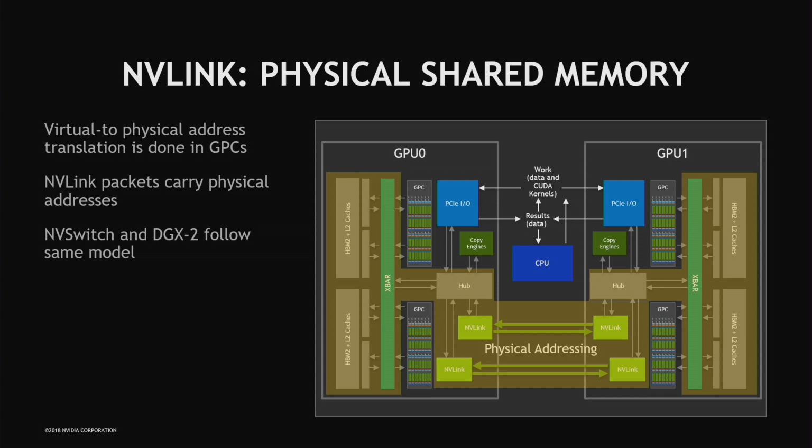And since we're basically using NVLink to bridge crossbars, as you might expect, we use physical addresses here as well. The DGX2 and NVSwitch carry that model forward. So one of the functions of NVSwitch is that it takes the separate physical address spaces of all the remote GPUs and merges them into one giant global physical address space that can be seen by GPUs that are attached to it.